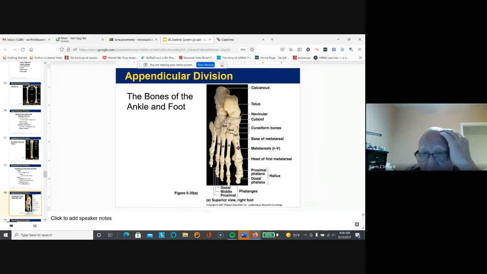So here's metatarsals and then the phalanges. So you should recognize the tarsal bones. I'm not going to ask you. I think there is a question on the calcaneus, but know that the metatarsals are connected to the tarsals and then the phalanges. And they have three parts, proximal, middle, and distal.